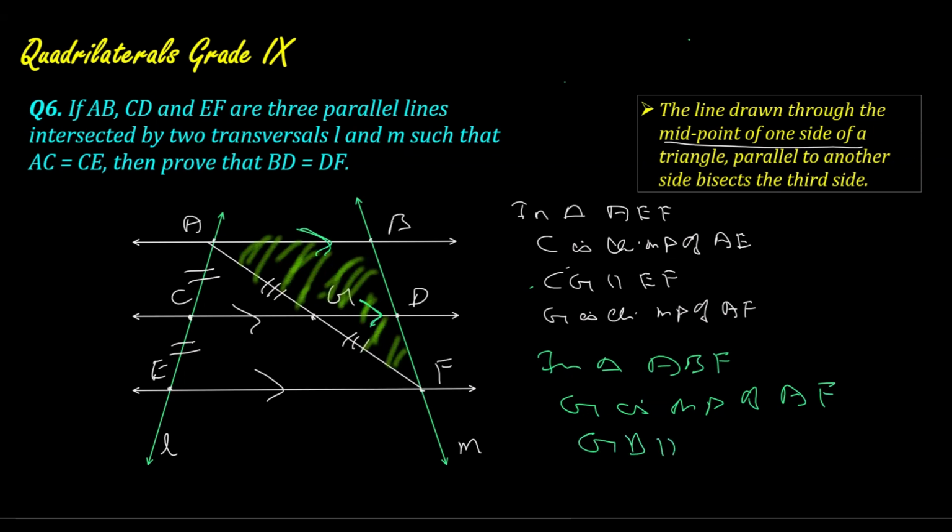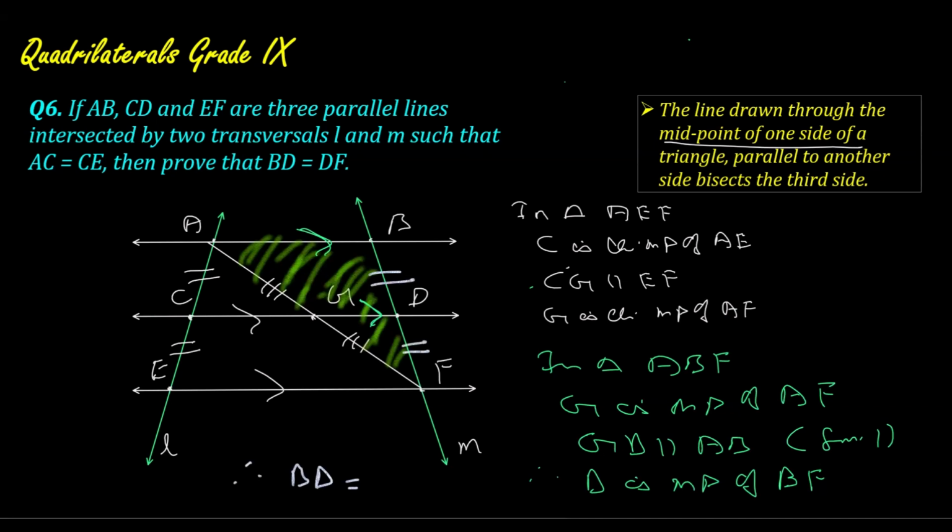That is, GD is parallel to AB. That's given, right? So applying the same property, that is converse of midpoint, I can say that D is the midpoint of BF. And hence, therefore, I can say that BD is equal to DF. So this is what we needed to prove here.